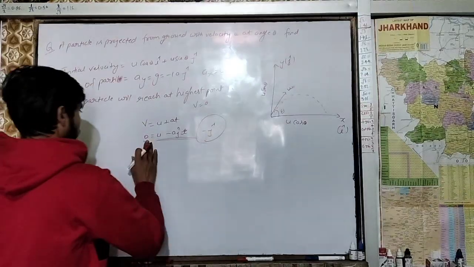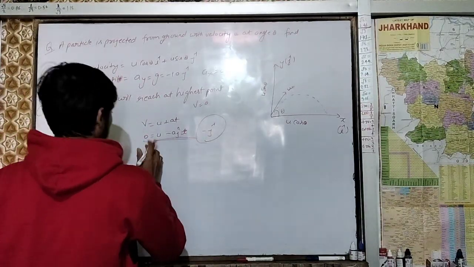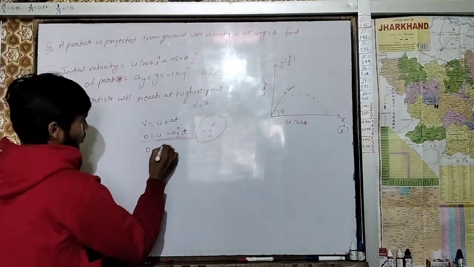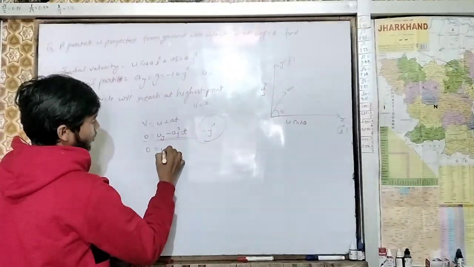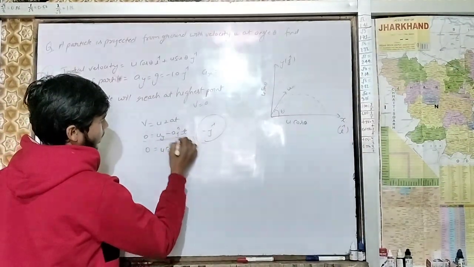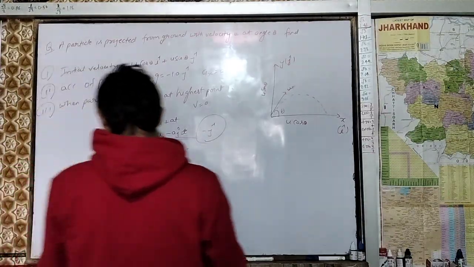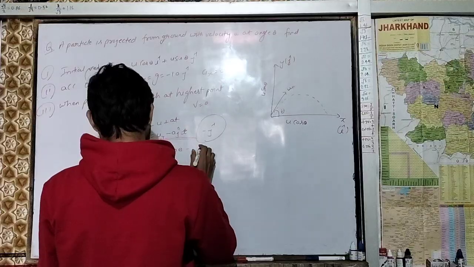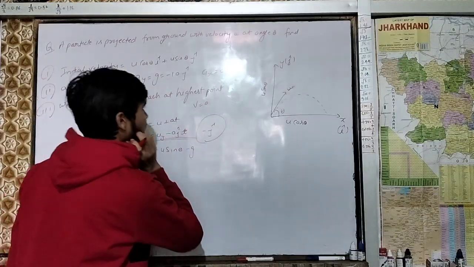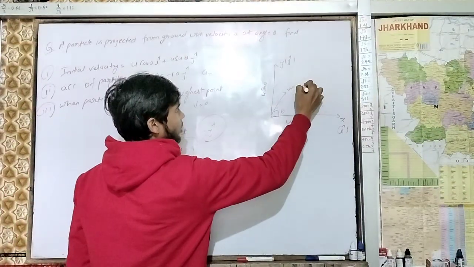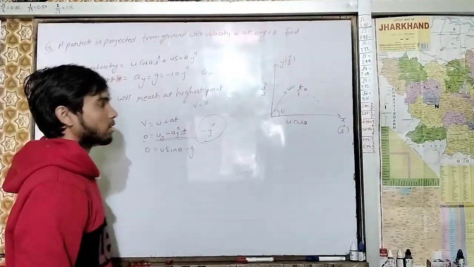Now you can substitute some values over here. So uy is u sin theta, and a can be considered as g, and t let's say is t naught.